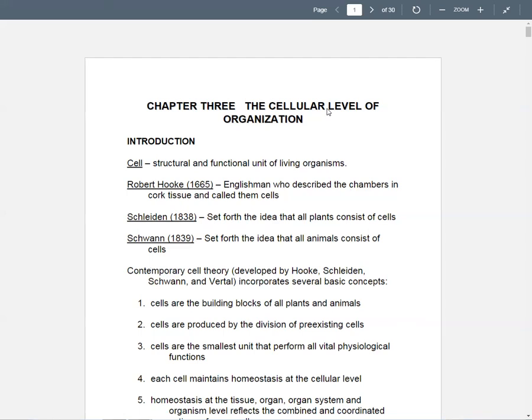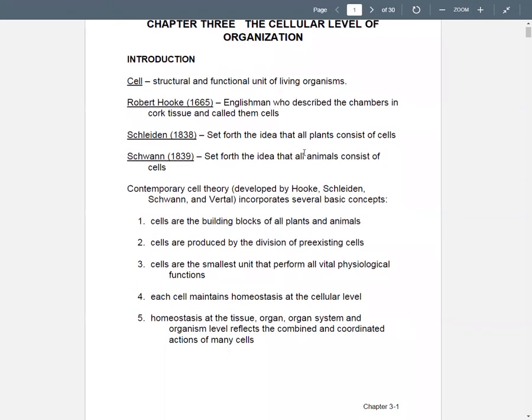Cells are the building blocks of all plants and animals. Important foundational concept: cells are made when other pre-existing cells divide. Another big concept. Third concept: cells are the smallest unit that can perform all your vital physiological functions. Fourth, each cell is going to maintain homeostasis at the cellular level.